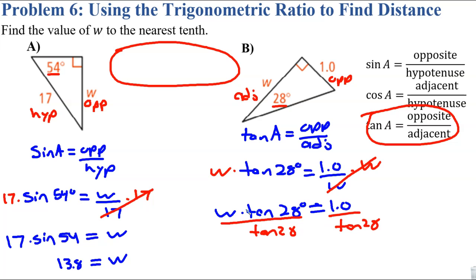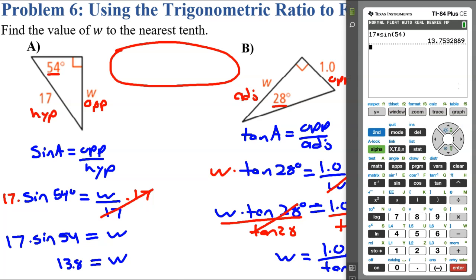Okay, just like if I had W times a 7, I divide both sides by 7. Here, the tan 28 is just some ugly number. Not sure what it is, but I know when I divide it by itself, it cancels out. So that's going to leave me with W is equal to 1.0 over tangent 28. Which, once we get the W by itself, we'll go to the calculator.